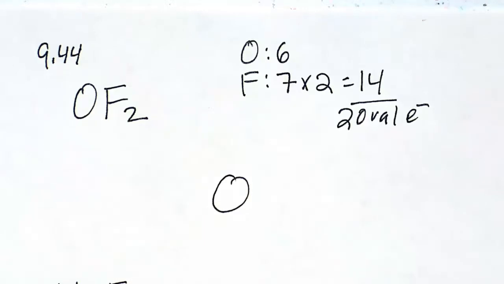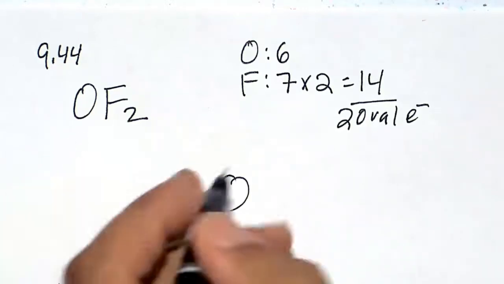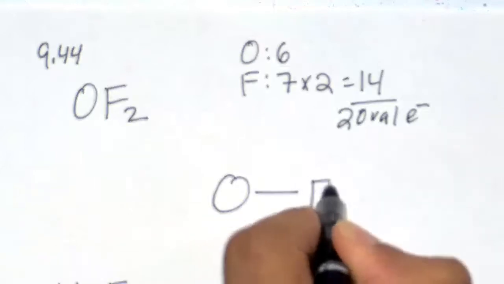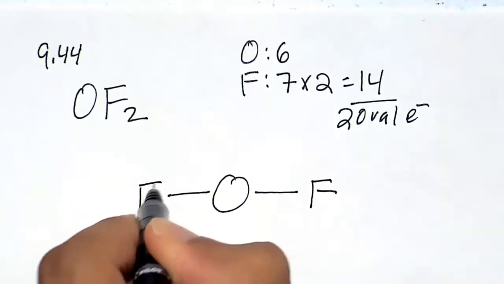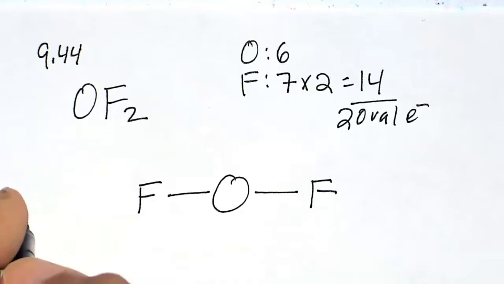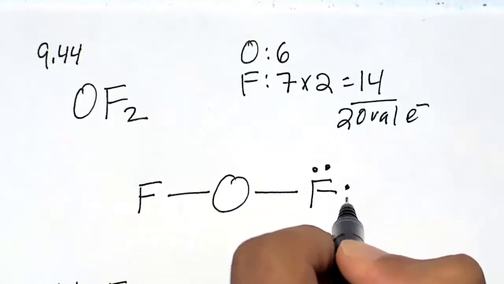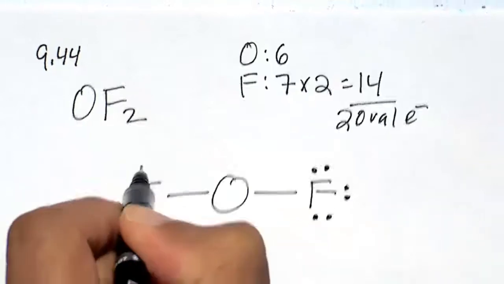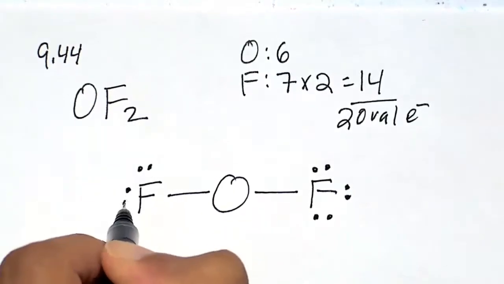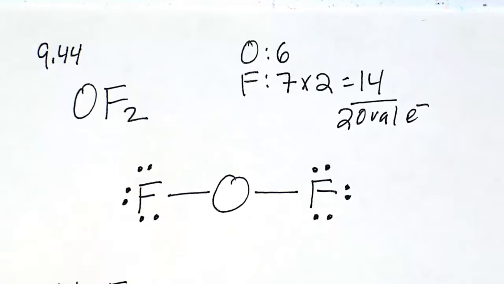So we would have an oxygen. Notice there's no charge here, so we would do a fluorine and a fluorine, single bonded. Halogens like fluorine like to have 3 lone pairs. They're usually outer atoms, so we'll put in 3 lone pairs for the outer fluorine atoms.